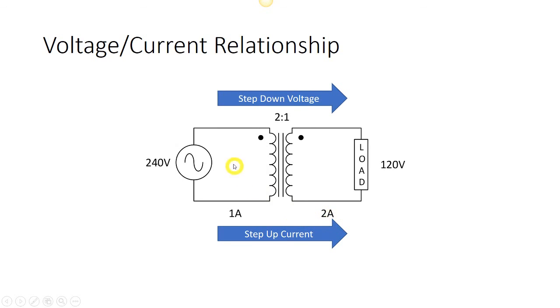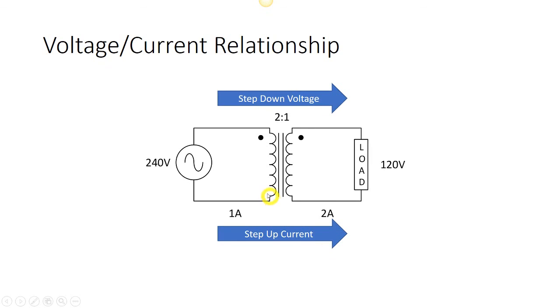So actually the apparent power that I am consuming on this side is going to equal the apparent power on this side, and we're going to see that in a moment. But except for some efficiency losses, across the transformer we're going to have the same amount of power on either side of the transformer. But it's very important, the concept of, if we're stepping down the voltage, we will be stepping up the current, and that's going to keep our power differential basically the same.